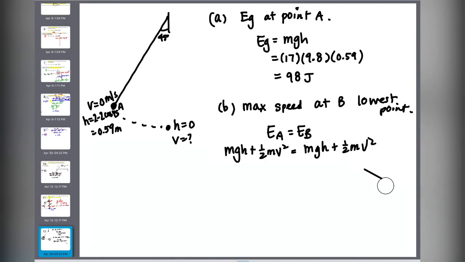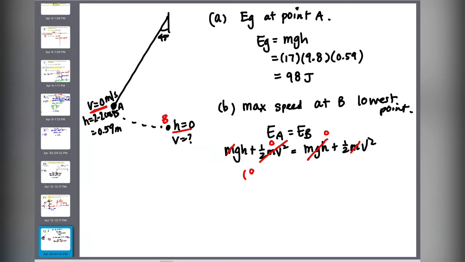So it's the same type of question that we have been doing from before. Cross out any zeros. I know at point A, the speed is 0, so I can cancel the term that has the speed. At point B, the height is 0, so I can cross out the mgh. I got 2 terms left, with m on both, so I'm going to cancel them.